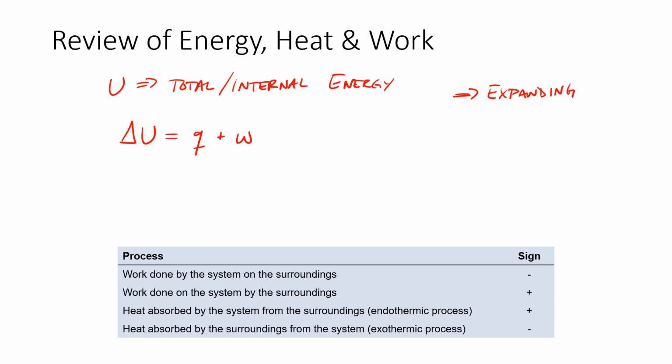However, if you're standing up and somebody throws a 50-pound bag of flour on you, you sit down, right? You collapse. And so that's work happening to the system. Expanding is work done by the system, right? And so work is negative because it's losing energy.